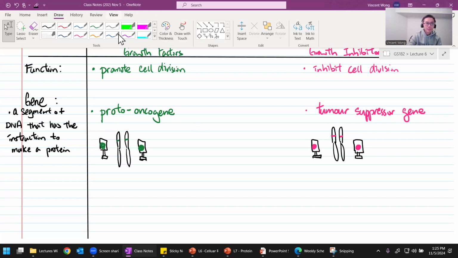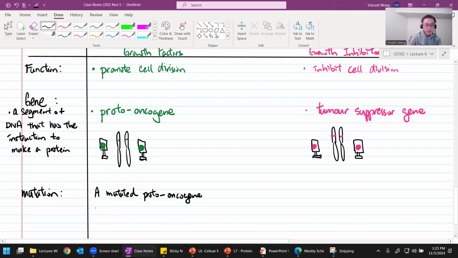All right. So this is the confusing part. Mutation. A mutated proto-oncogene is called an oncogene. If someone has cancer, what kind of doctor do they need to see?